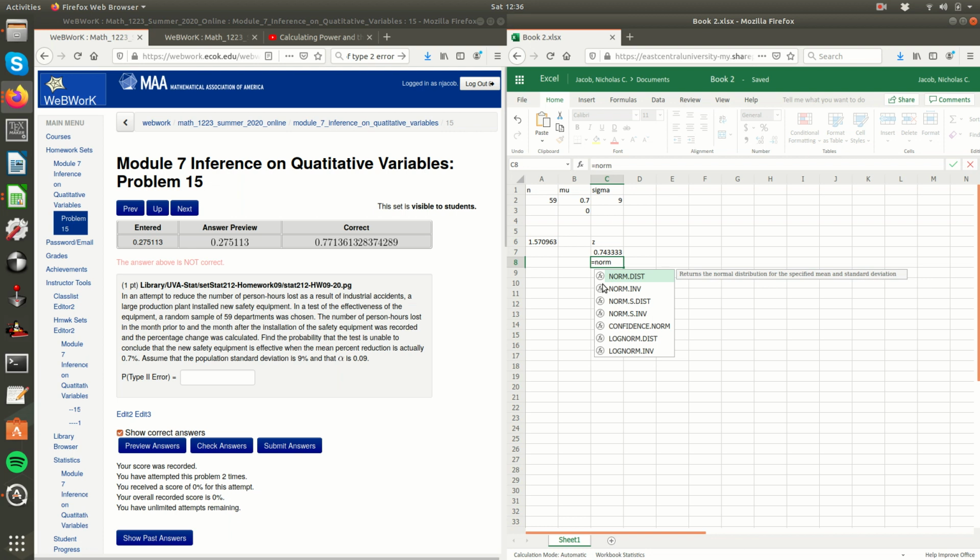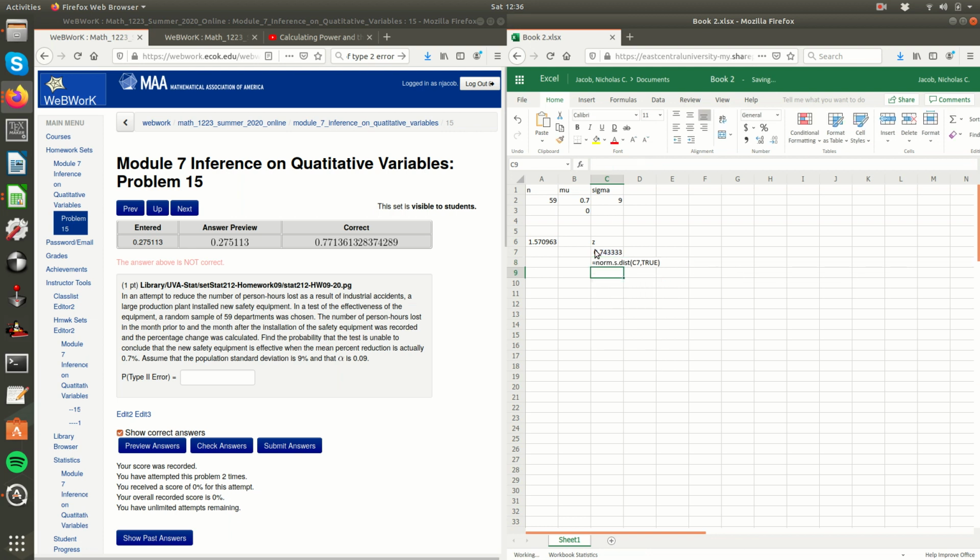Norm.s.dist, I give it the z, and I ask it to do cumulative: True. And that right there is the probability of my error.